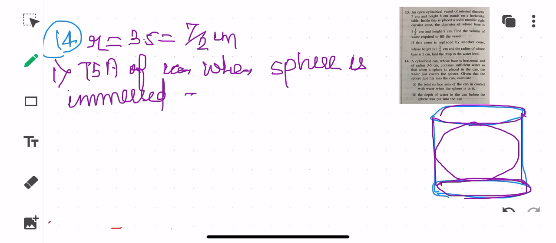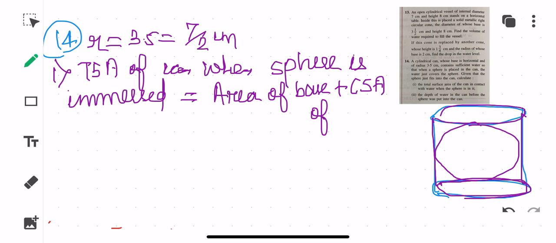This will be equal to base area plus CSA of the cylinder. Children, here you have to understand why you are taking this: because the water is touching the entire curved surface area. So this is what you are going to calculate.